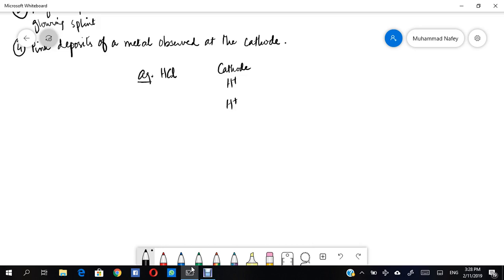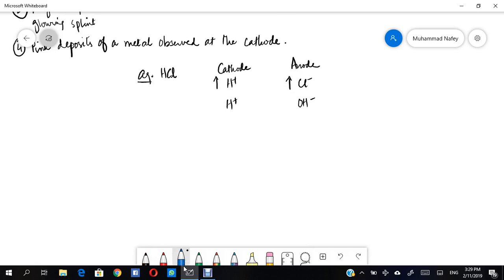Therefore, it doesn't matter which of the hydrogens we take, because obviously hydrogen is hydrogen. And then at the anode, we have chloride ions coming from hydrochloric acid, and we have hydroxide ions coming from water. Since it's aqueous and aqueous refers to concentrated, therefore we have a higher concentration of hydrogen ions from the acid and higher concentration of chloride ions.